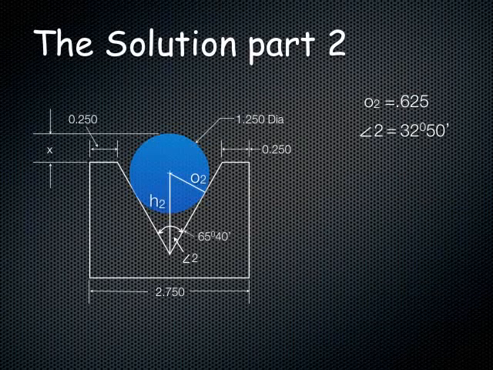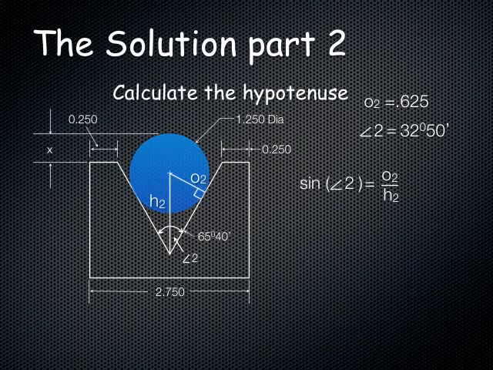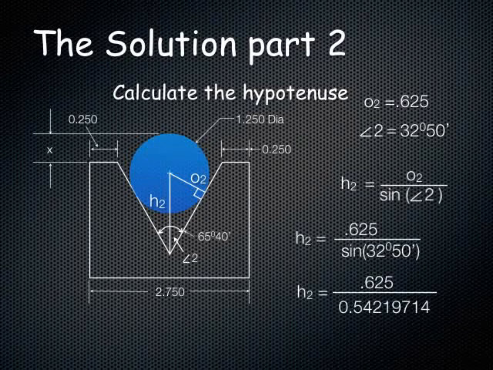First we'll calculate the h2 here, the hypotenuse, the distance from the base of this groove to the center of the circle. Since we have the opposite and we want the hypotenuse, we'll use the sine function. Rearranging the sine function to solve for the hypotenuse, we get this, and then substituting the values, we have this.